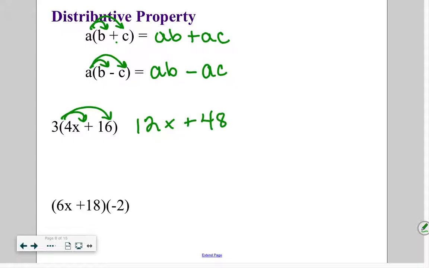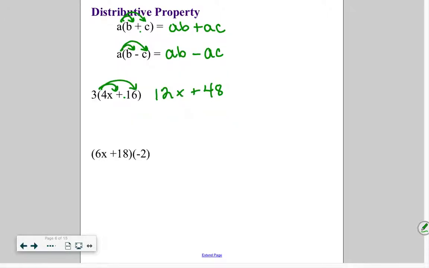Positive 48. And it was a positive 16 and a positive 3, so it should be a positive 48 between. Does it matter that the number we're distributing is at the back side? It does not. Notice, though, that when it's on the back side, if it's a negative number, it has to be in parentheses to distribute. Without those parentheses, it's going to be subtracting 2 from it.